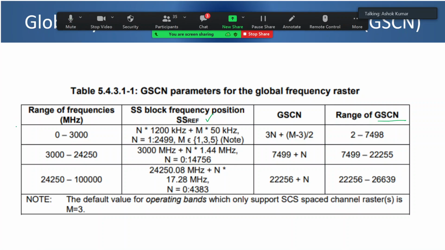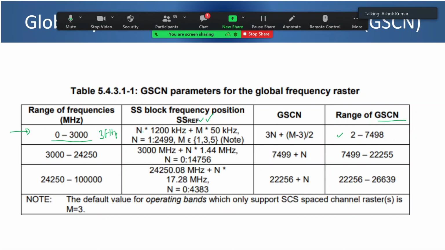In the first column, these are the range of frequency from 0 to 3 gigahertz. This is 3000 megahertz. So up to 3 gigahertz, this row gives you the reference frequency of those synchronization signals and their corresponding channel number, GSCN number.